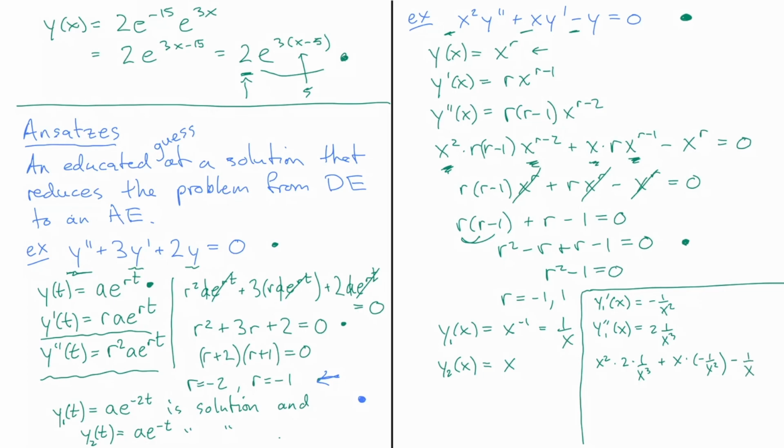The first expression here is 2 over x, once I cancel an x squared on top and bottom. In the next term, there's a minus and an x on top with an x squared on bottom, so I get minus 1 over x, and then the last term is just as it is, 1 over x with a minus sign in front. And here you can see I have 2 minus 1 minus 1, that comes out to 0. And so we see that 1 over x does in fact satisfy the differential equation.